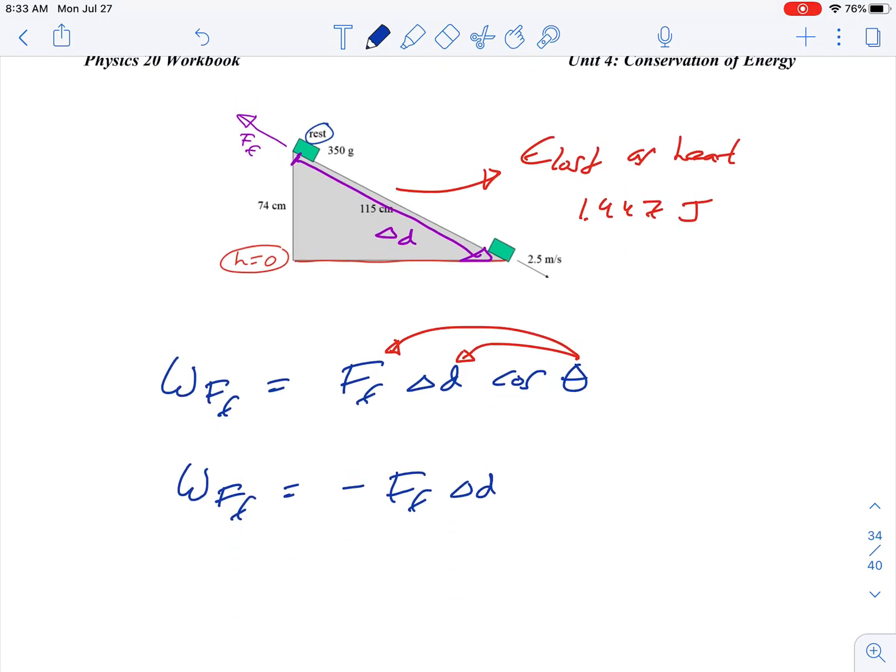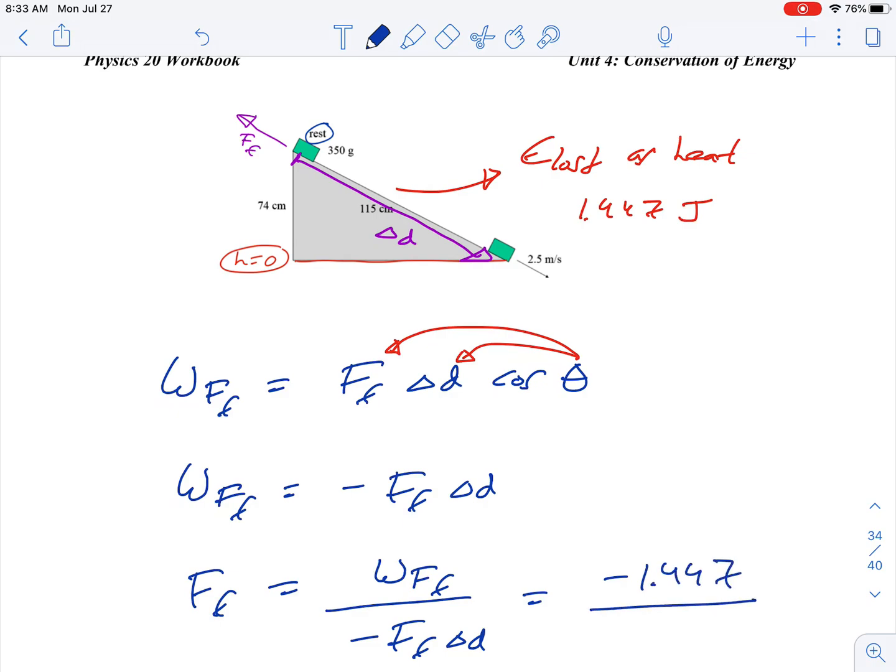So we're just trying to solve for FF. So FF becomes equal to the work done by FF over negative delta D. The work done by FF is negative 1.447 joules. Oh, I don't know why I put an FF down there. So sorry about that. There we go.